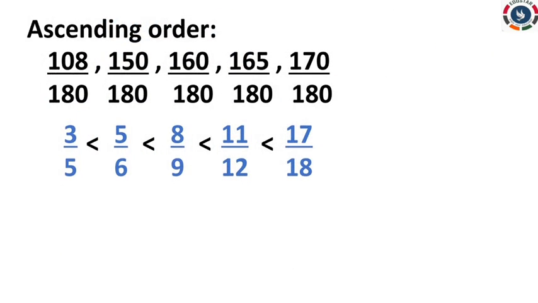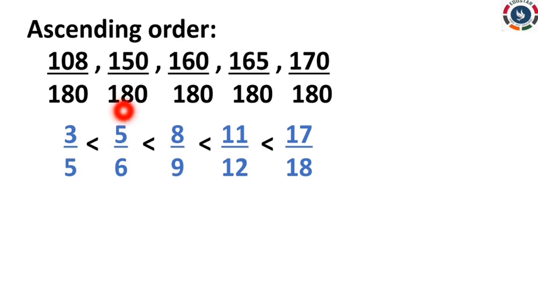Next, you are arranging in ascending order. So take and write all those values: 108 by 180, 150 by 180, 160 by 180, 165 by 180, 170 by 180. 108 divided by 180, what is the value for this? 3 by 5.